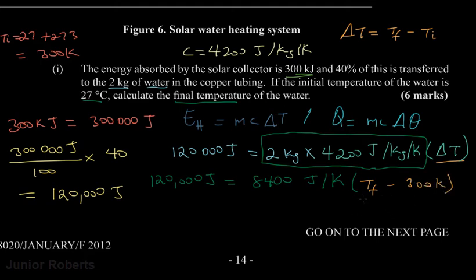Then we can start to simplify further. To simplify further, we're going to divide both sides by 8,400 joule per Kelvin.